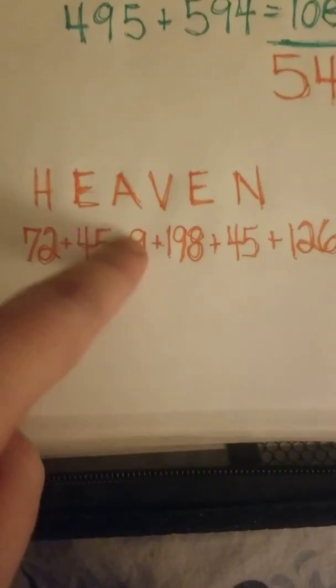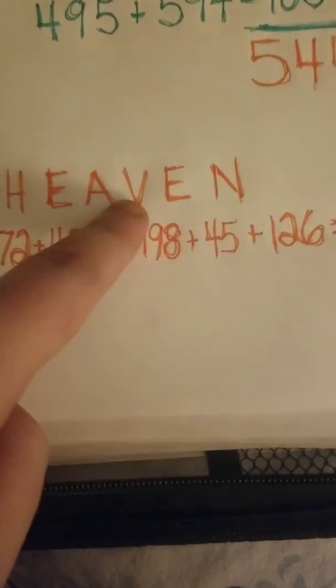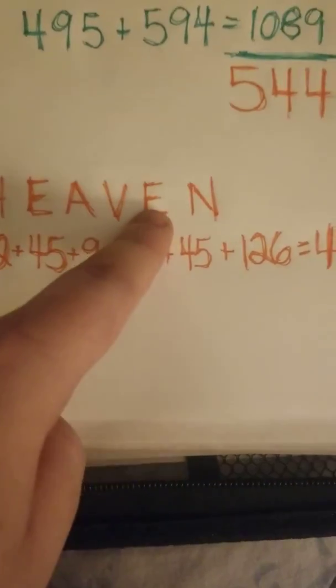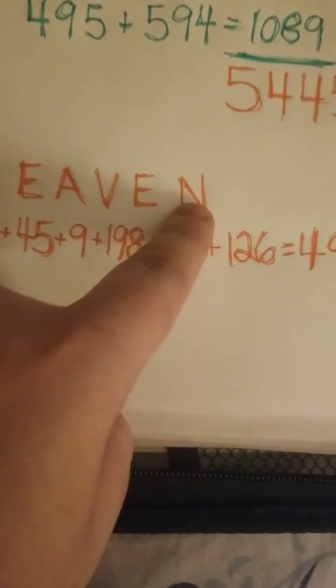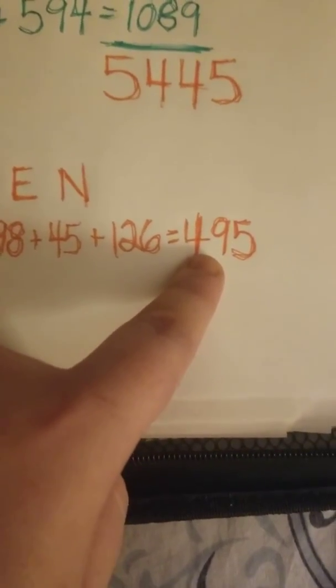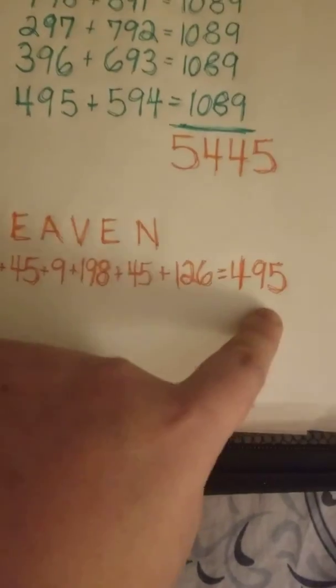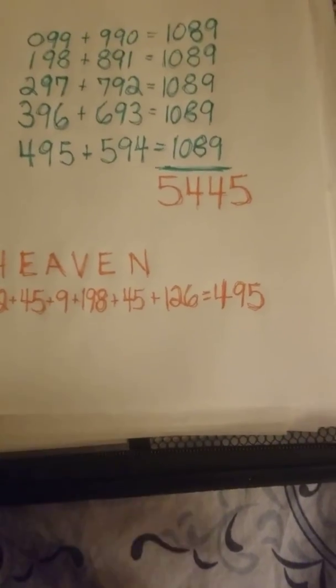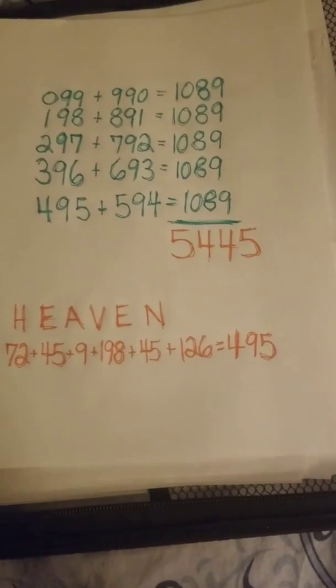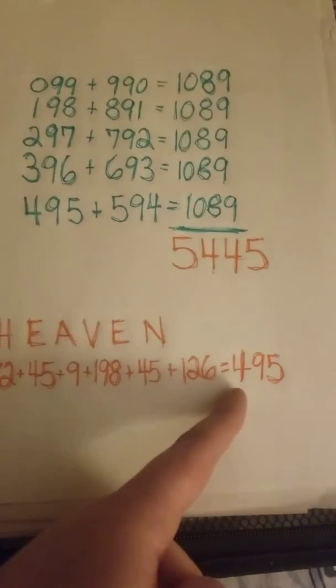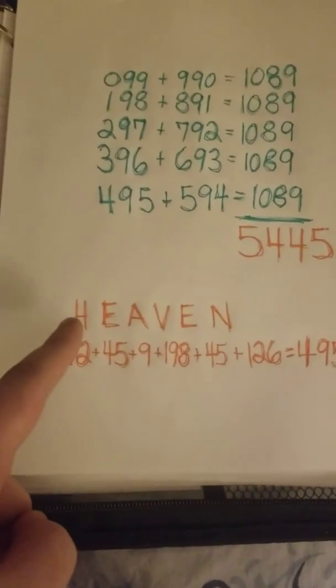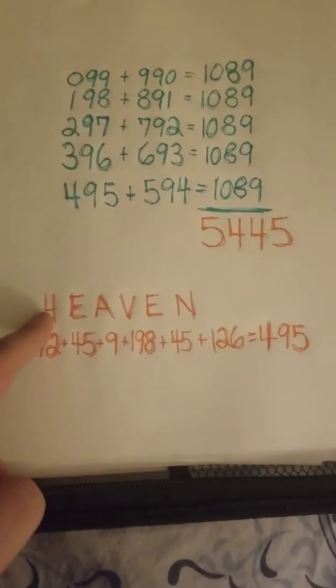Some very interesting things happen. Take the word heaven, for example. 72 being your H, 45 being your E, 9 being your A, 198 being your V, 45 E, 126 N. Add them together, you get 495 as well. So you can kind of say that when Lord Jesus Christ died, D-I-E, he went to heaven. Pretty safe to say, eh?